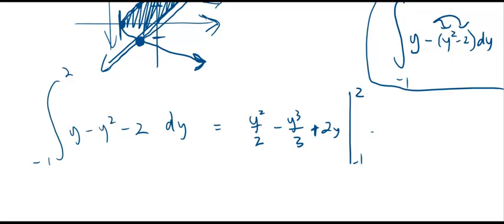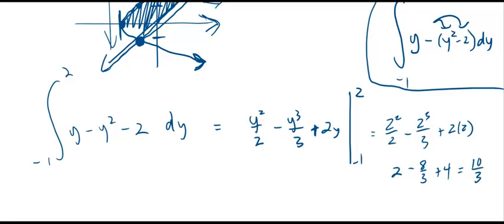Okay, so the upper bound is 2 squared over 2 minus 2 cubed over 3 plus 2 times 2. Let's clean that up. That's 4 over 2, that's 2, minus 8/3, plus 4, which if I add all that up, that should be 10/3.